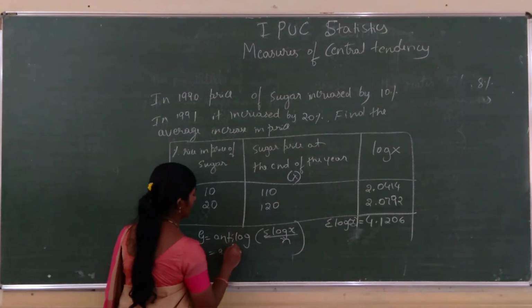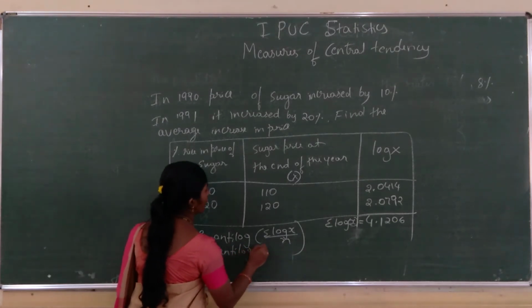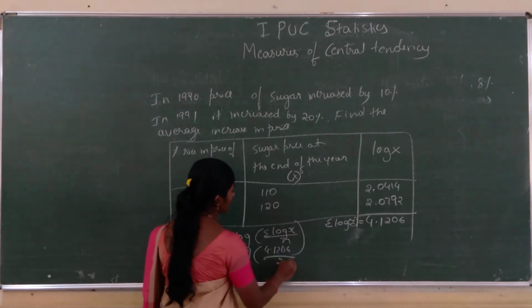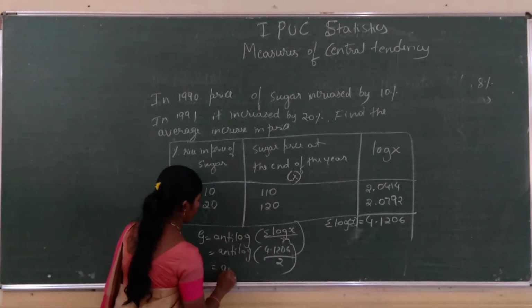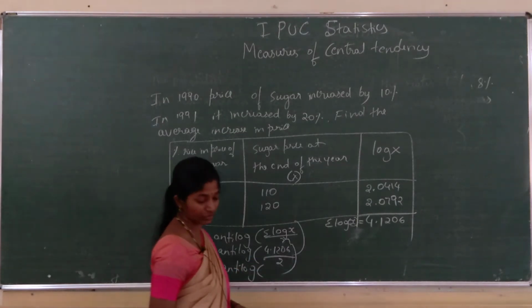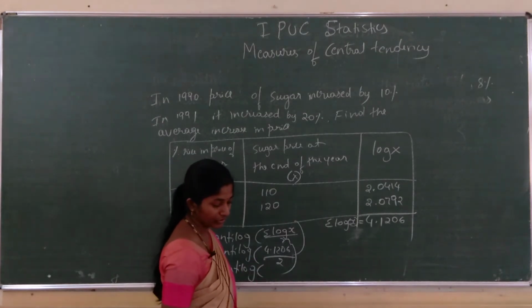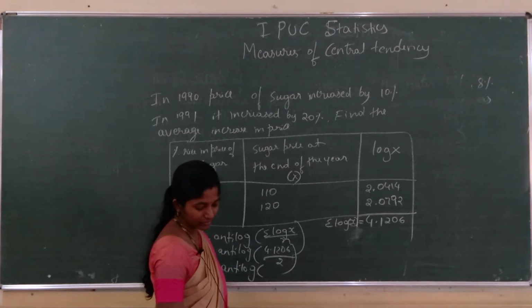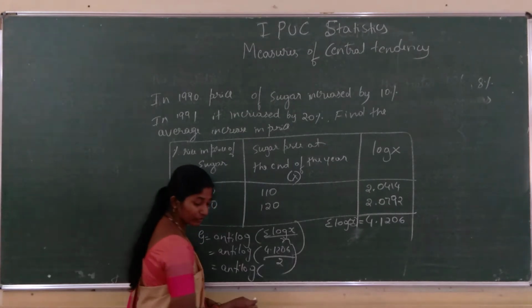Now antilog of 4.1206 divided by 2. See that, after dividing we get 2.0603.